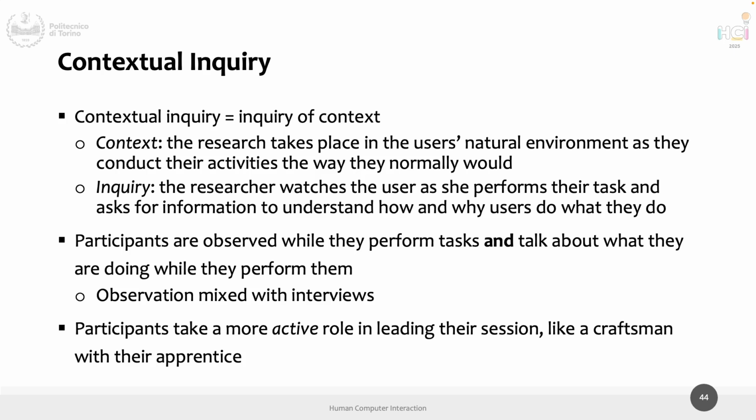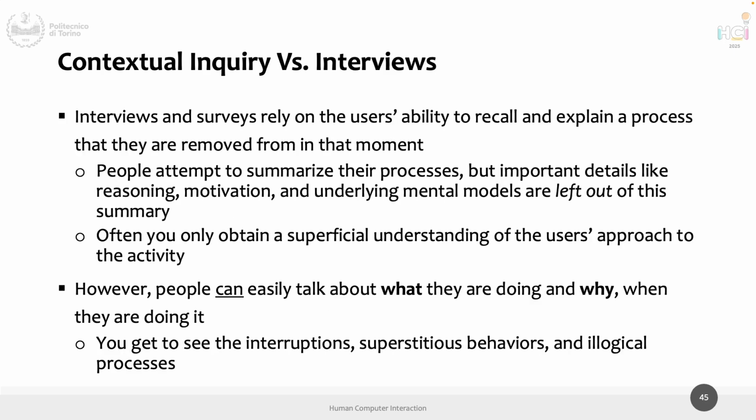And of course, if you want to learn something, you can also ask, but why did you do this? Can you slow down? Can you repeat this? All these kinds of things to observe better what they're doing. So it's a mix between observation, which is more looking at what happens, and interviews, which is asking things to people. While doing one, you are also doing the other.